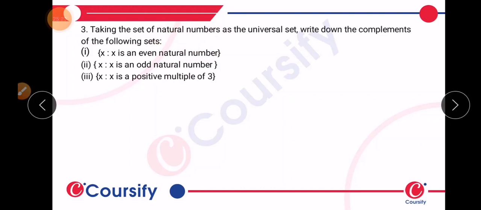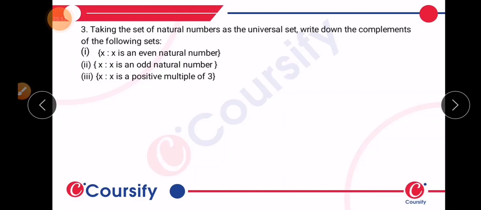Third question, if X is a positive multiple of 3. Now, if we take this set, the numbers would be 3, 6, 9, 12, 300, 3000, 324.